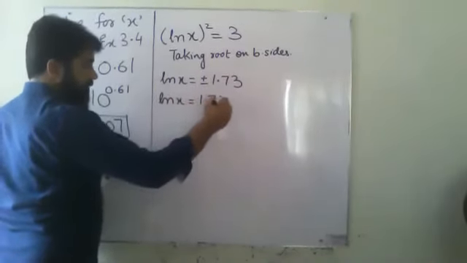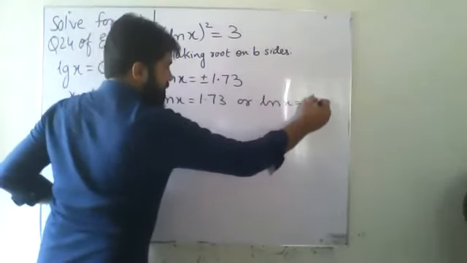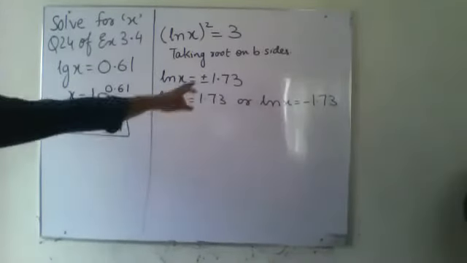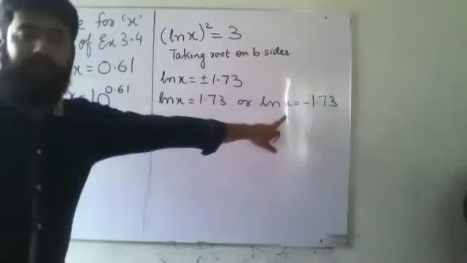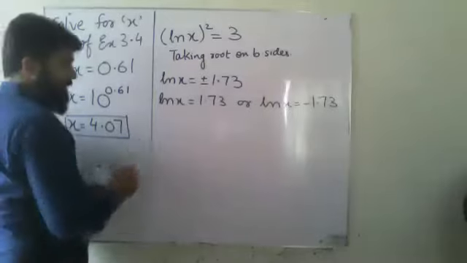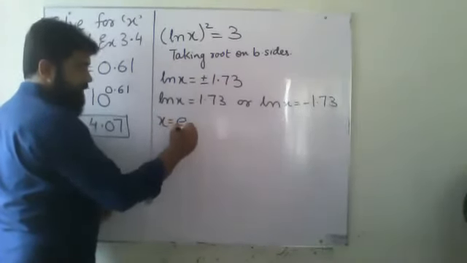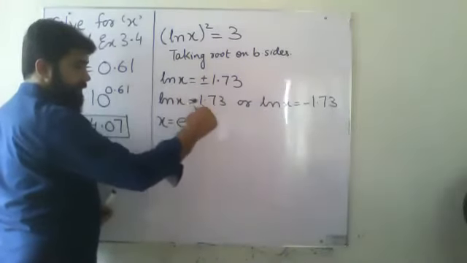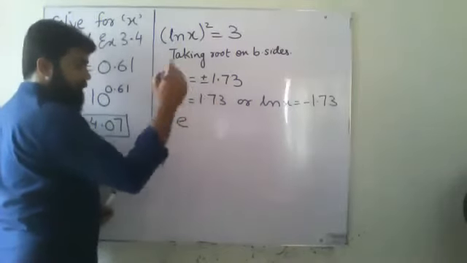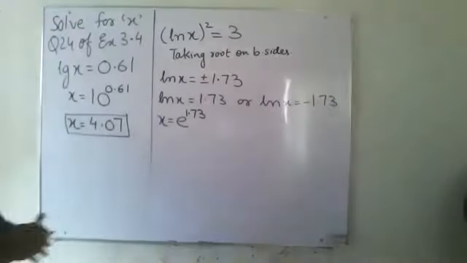Okay, now it means either it will be equals to this, or it will be equals to this one. Now shifting ln on the other side, so inverse of ln is exponential, and whatever is written over here, number, variable, equation, whatever will be given, it will be written as the power.